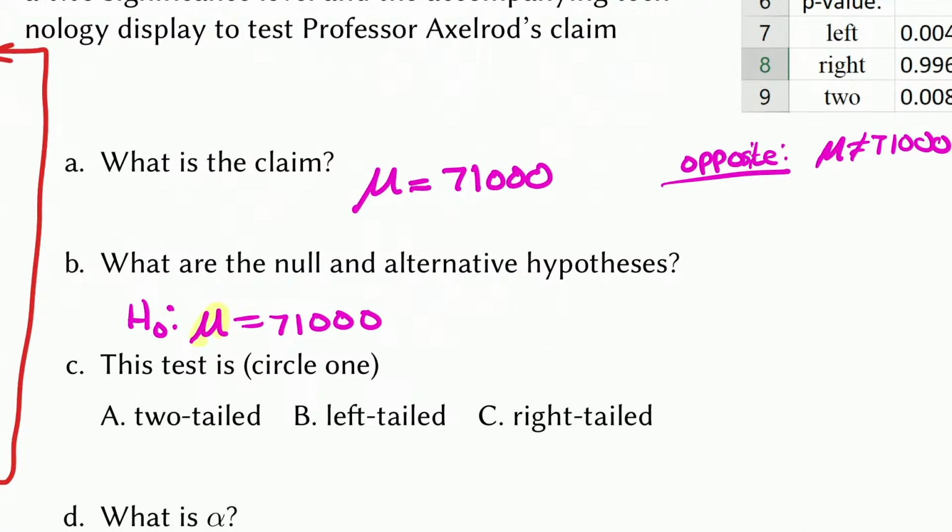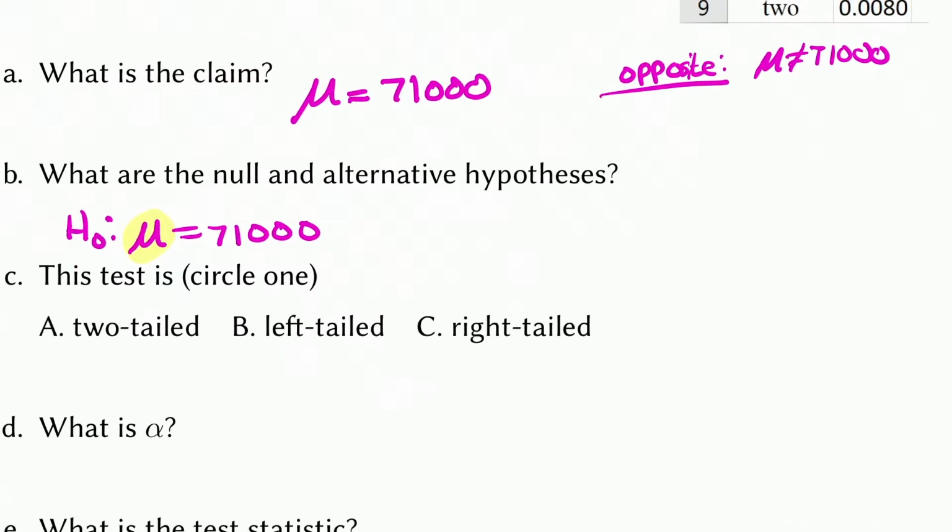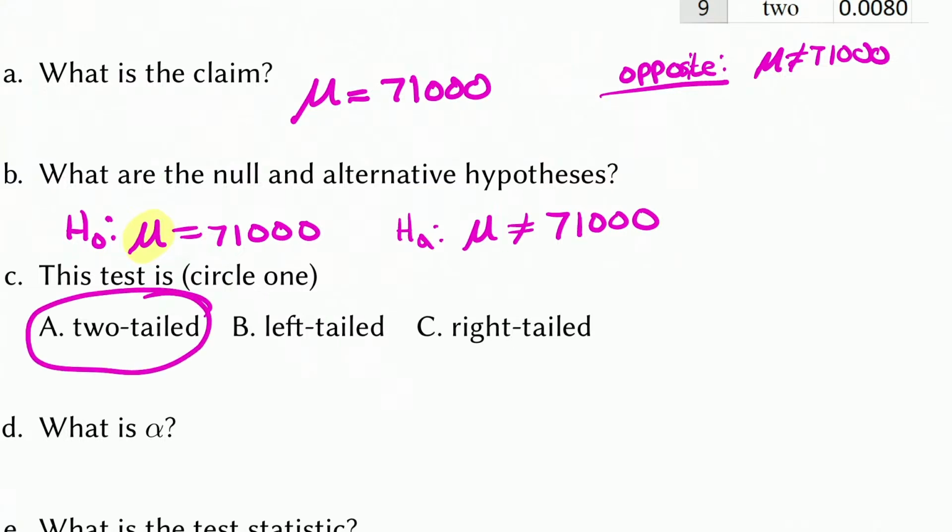I know it's a pain, but just make a U and put a little tail on either side. It's not that hard. Make a U, put a tail. 71,000. There's the equals, and then the alternative. You need all of these symbols to get full credit. If you don't have one or more, I take off points. This is a two-tailed test because the not equal says both directions.